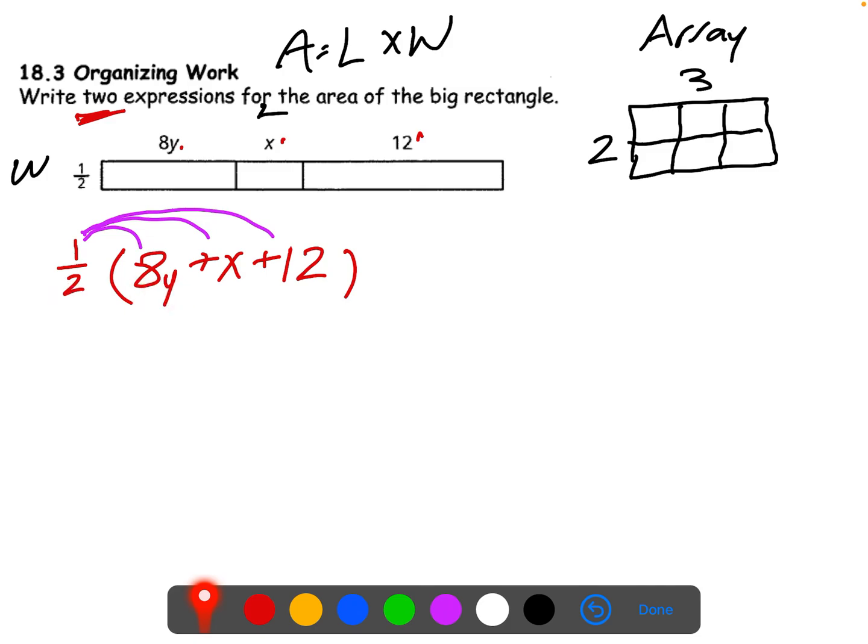Half of the 8y's here is going to be 4y. Half of the 1x that we have here gives me half of an x. And half of 12 is 6. Now I would still add those all together just like they were in the original length of the array up here. All right, hopefully that makes sense to you.